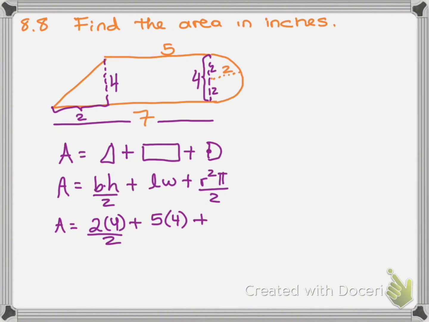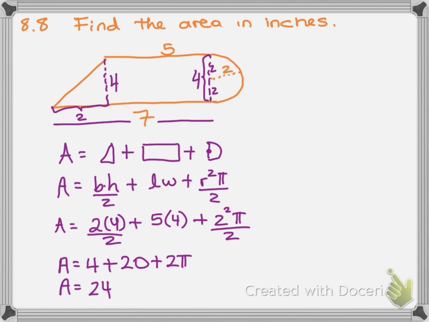And then the semicircle is going to be 2 squared, which is the radius, pi divided by 2. So in this case, we have 4 plus 20 plus 2 pi. Now remember, we only add the like terms. So it's going to be 24 plus 2 pi. And it says that the area is in inches, so square inches.